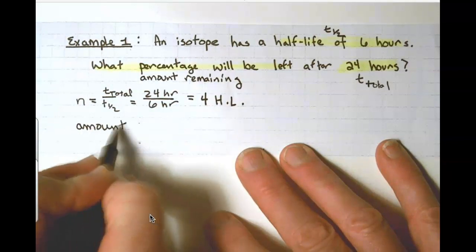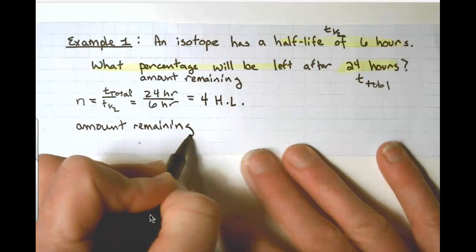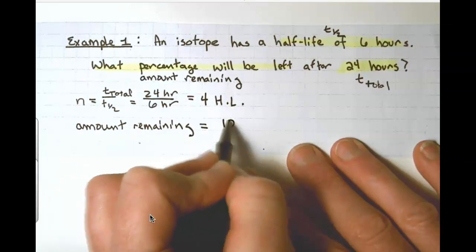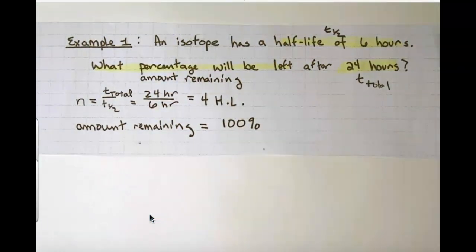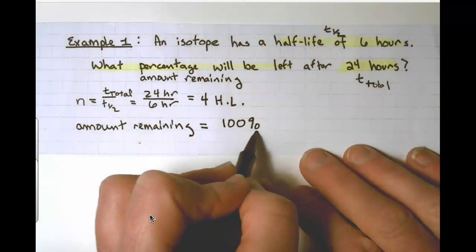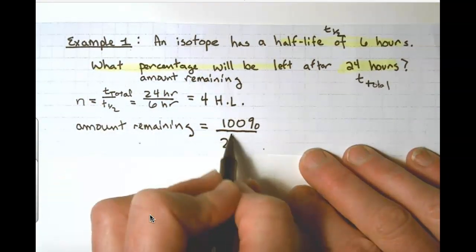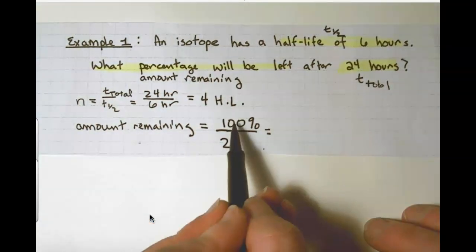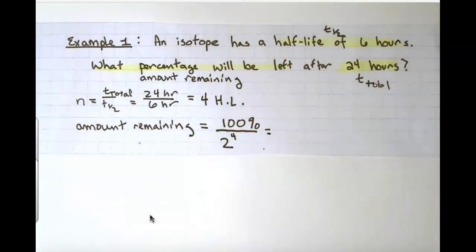Amount remaining is equal to the original amount, which in this case will be 100%. You're always going to start with 100% if we're doing percentages, divided by 2 to the number of half-lives, which is 4. It's taking the original amount and dividing it by 2 four times. We can do it in our head or in the calculator.